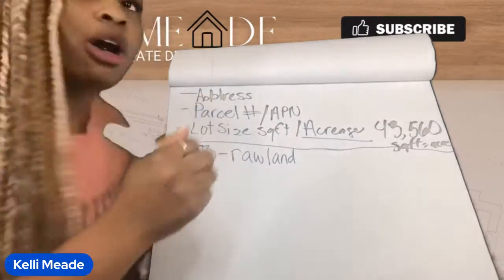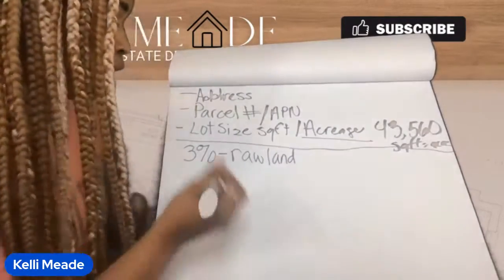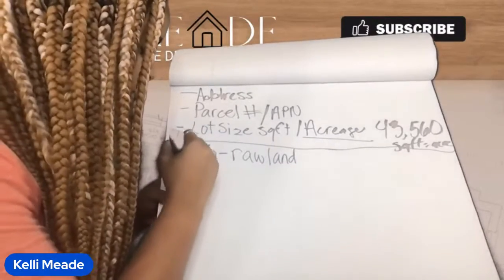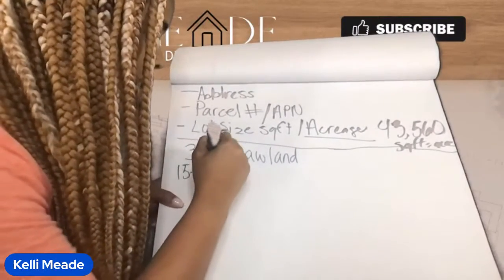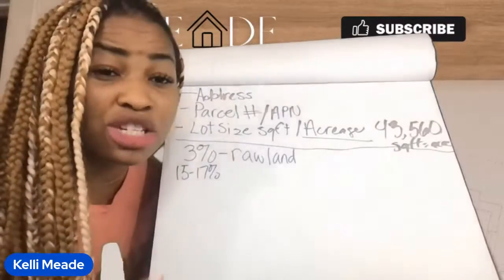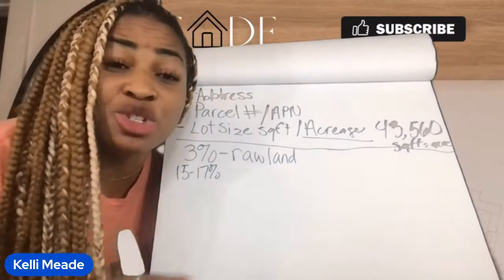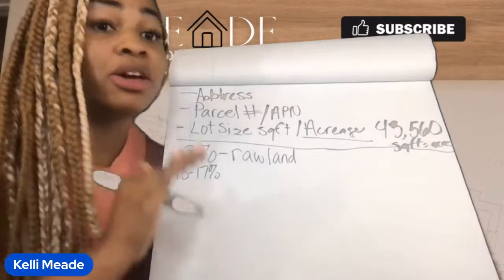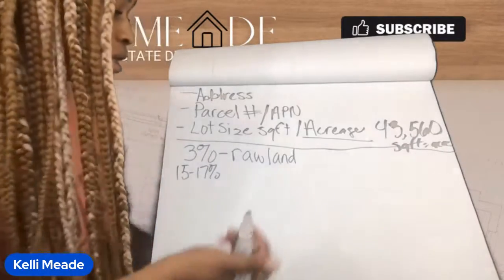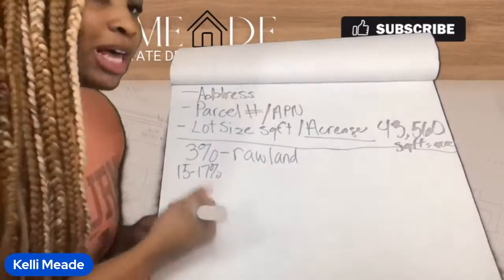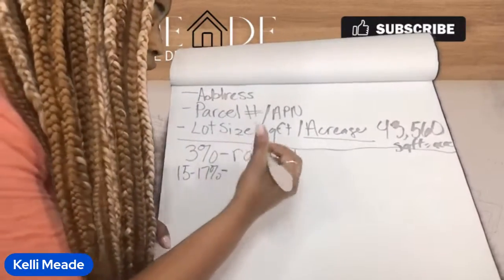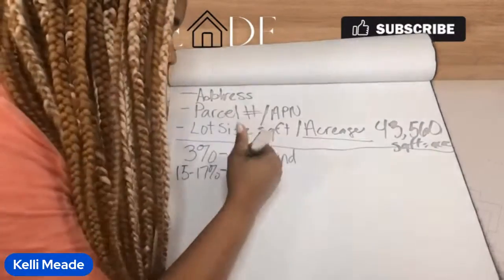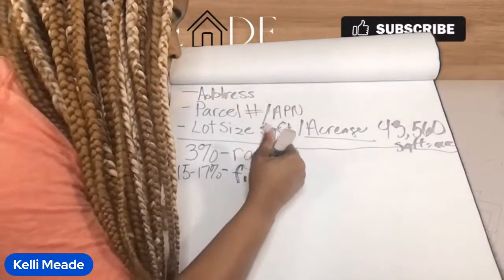Now, if you are looking to finish the land, that's going to be another 15 to 17%. And that ranges because of supply chain issues right now and labor going up. So it could vary, could even go up to 20% in some markets. But in general, 15 to 17% is what it's going to cost to finish the land.